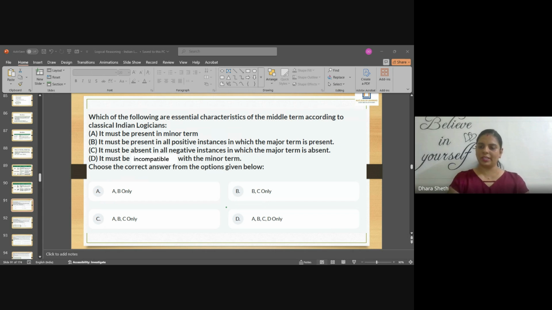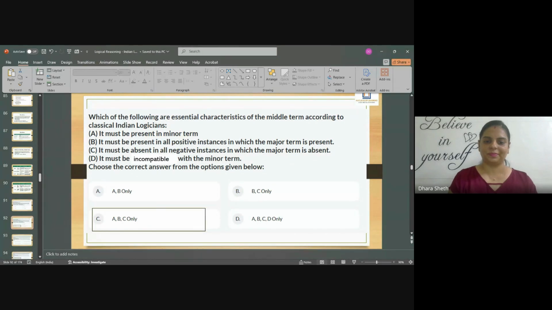There is no smoke on the hill. So does it prove that there is fire on the hill if there is no smoke? That is the meaning of statement D. It must be incompatible with the minor term. Would you like to change your answer now? No. Okay. So the answer is C. Let's move on.